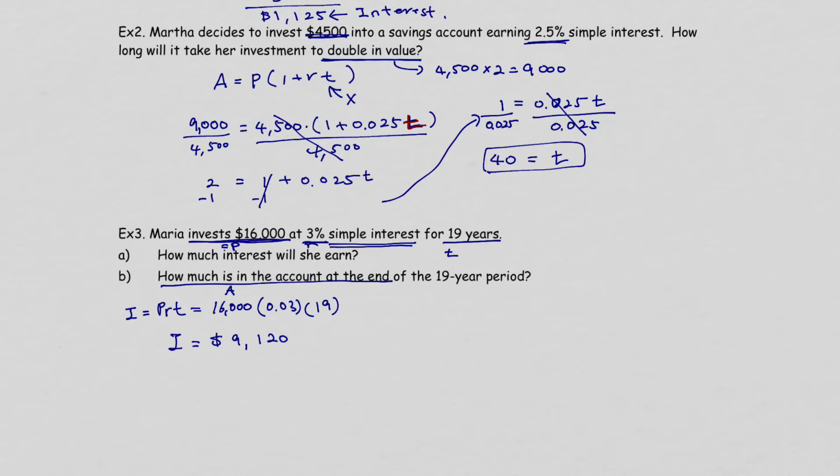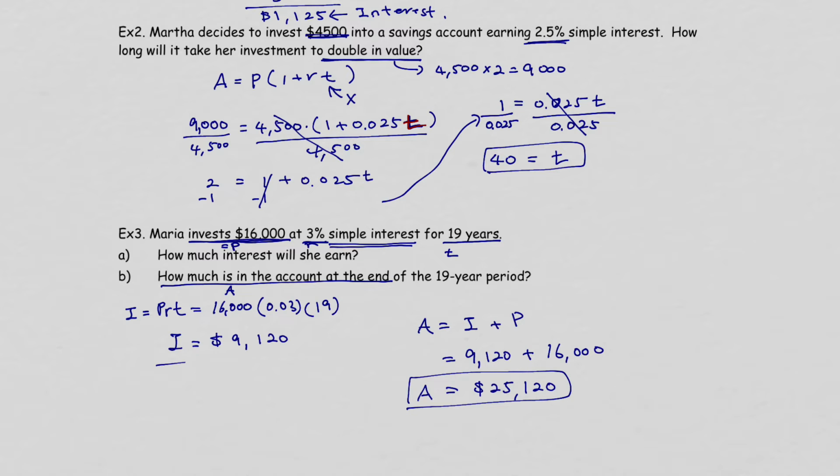If we already have interest, in order to find the total amount, you're going to do interest plus principal, which is 9,120 plus the principal we started with, 16,000. When you add them up, that's going to be your total amount, which is going to be 25,120.